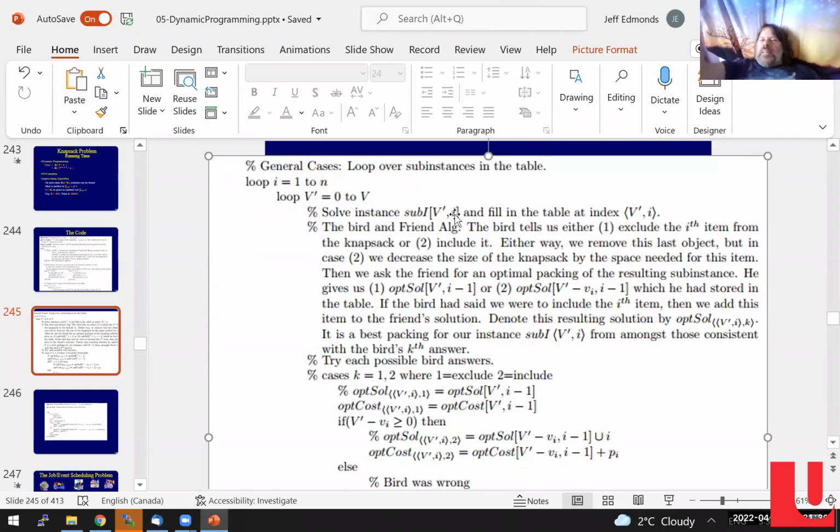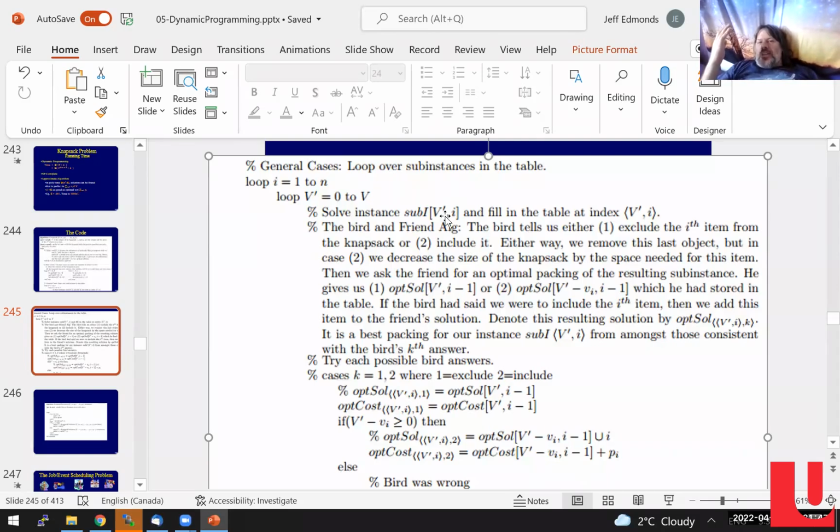What we want our friend to be is this: my instance is the first i objects, and my friend is going to be the first i minus one objects. So what I need to learn about myself is the ith object.